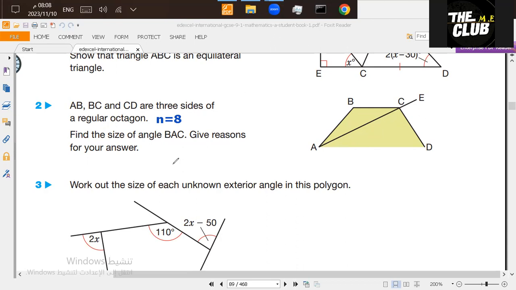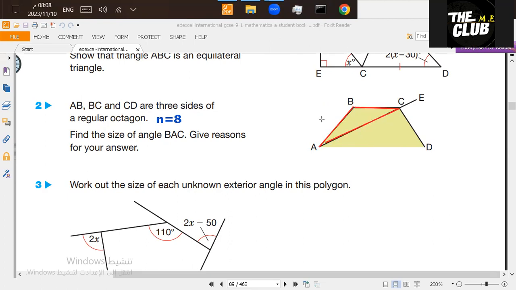BAC. Now, we know that this is an octagon and it has 8 sides. Now, let's take a look at the shape that we made with the line AE like this. You can see that this is an isosceles triangle. Do you see it? It's an isosceles triangle. So this line and this line are the same. And this one is finishing the base of the triangle.